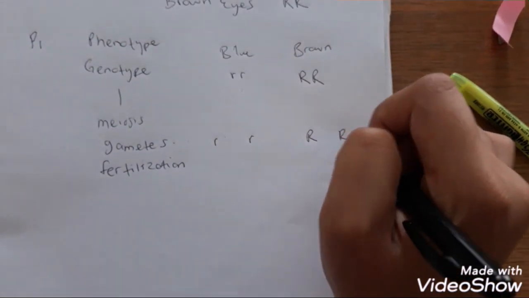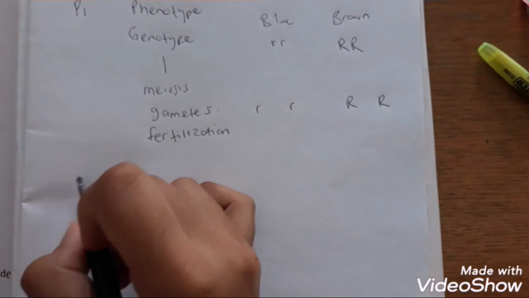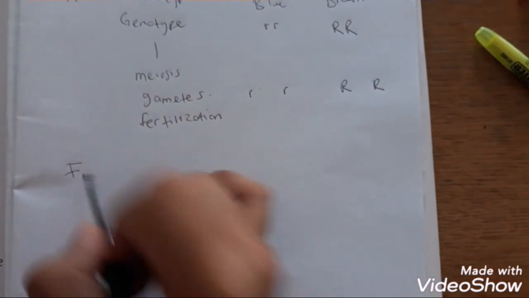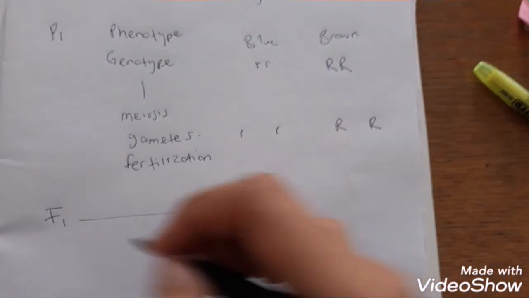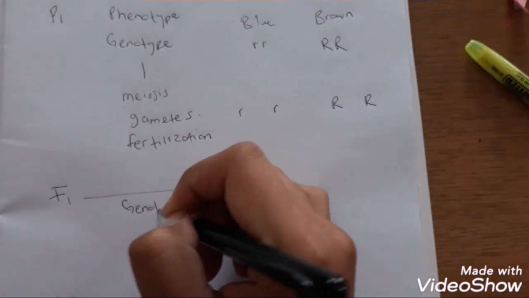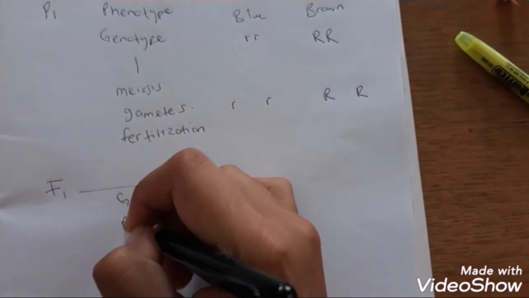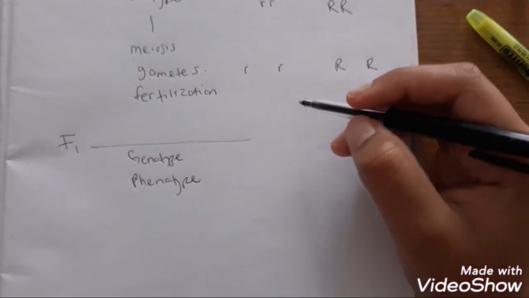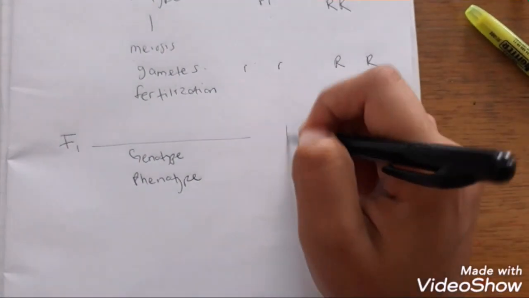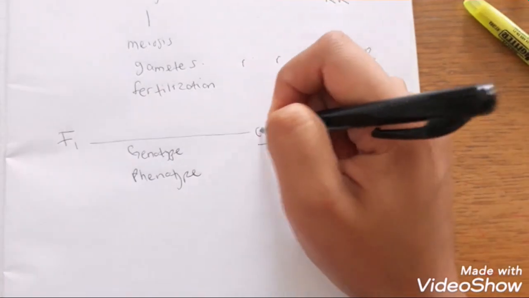So 1 R, 1 R, 1 r, 1 r. Okay? And then they'll fertilize and form an F1 generation, which is the offspring. Now how do we calculate what genotype and phenotype the offspring will have? This is why we form a Punnett square.